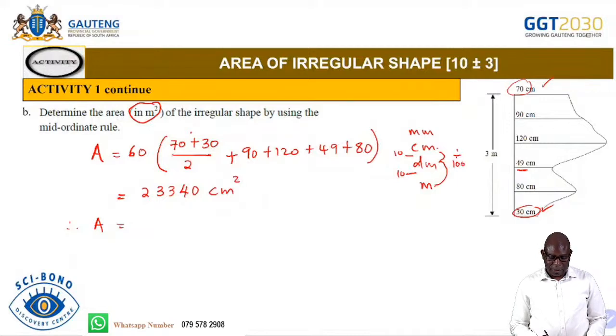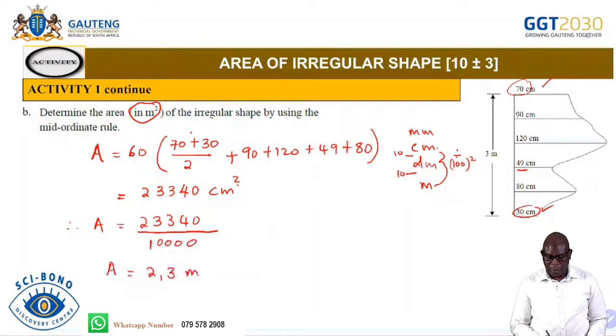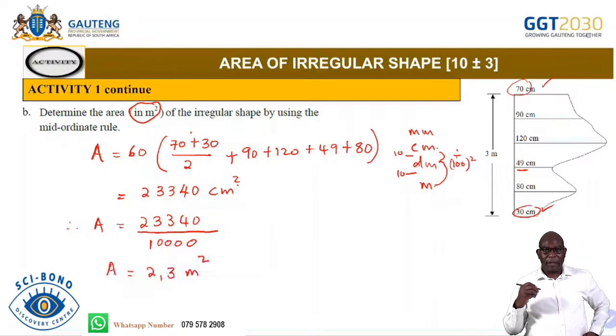But in this case, it's a square, so I need to divide it by 100 squared. So I'm going to have my area as 2.3 square meters.